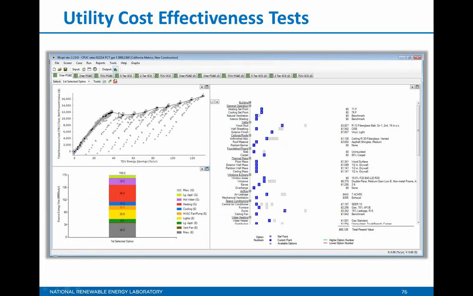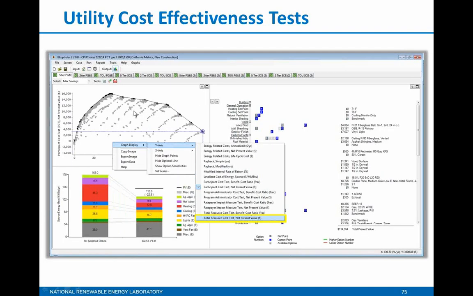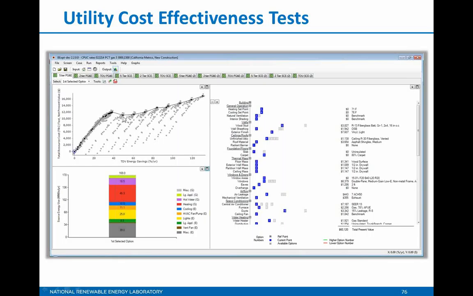One thing to note here is that we are now seeing a few gray points above the black curve. The black curve represents the results from the optimization, which was optimized for participant cost test. Those are the same points: it's the TRC values for the building designs that were found optimal for the participant cost test.